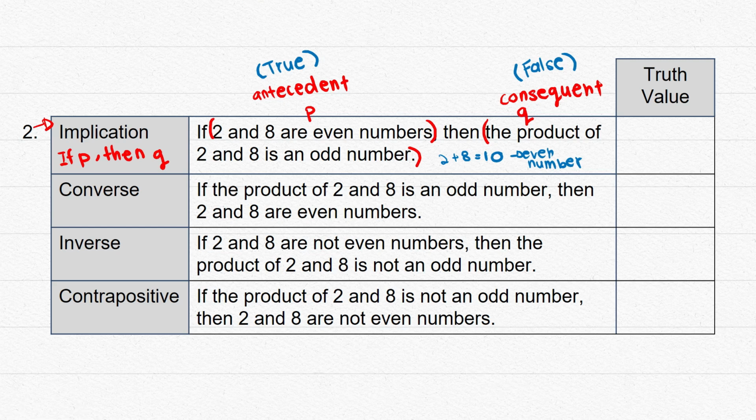Then the application of rule number 1: if the antecedent is true, the consequent also needs to be true for the implication to be true. But in this situation, the antecedent is true, meanwhile the consequent is false. Then this implication will be false.